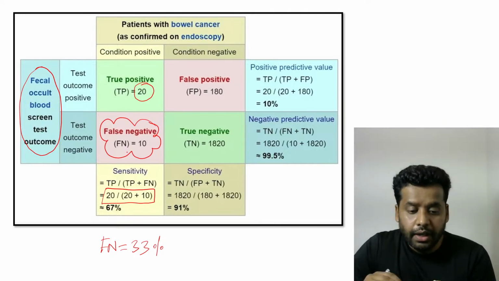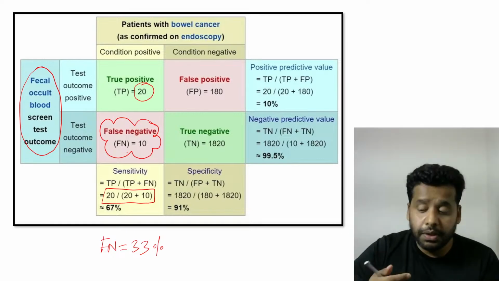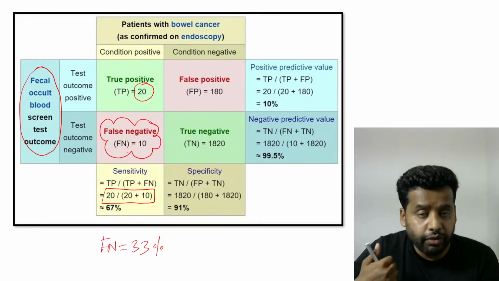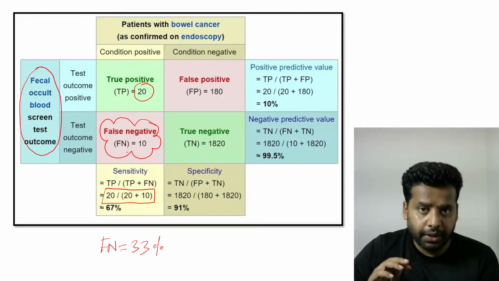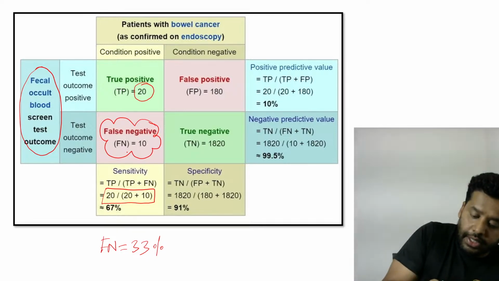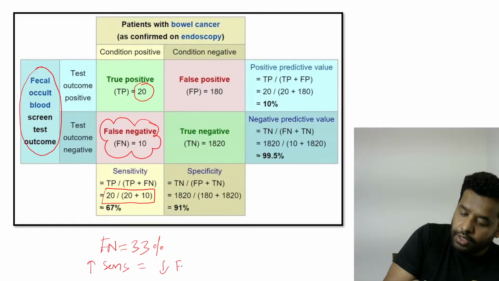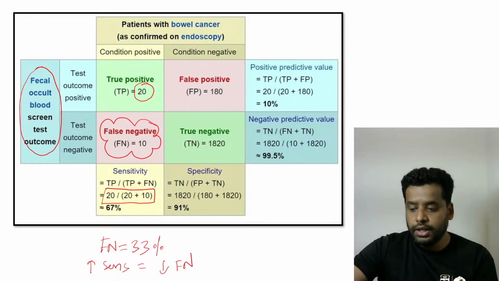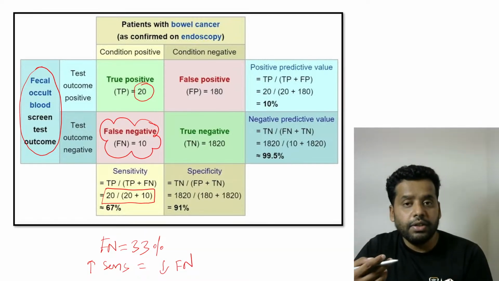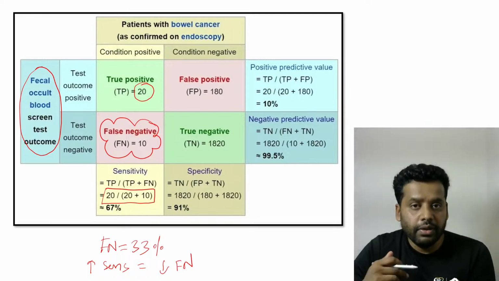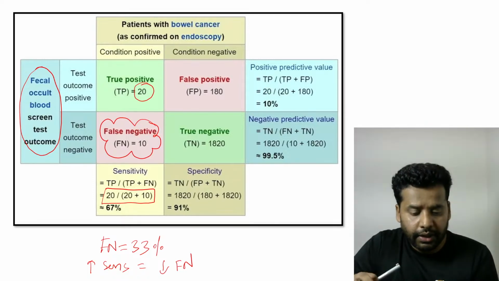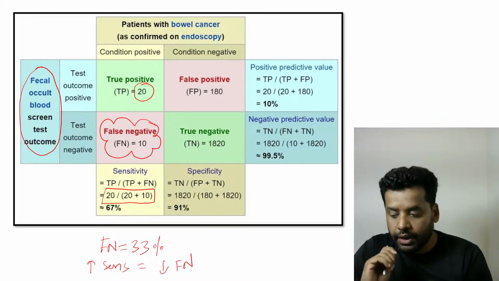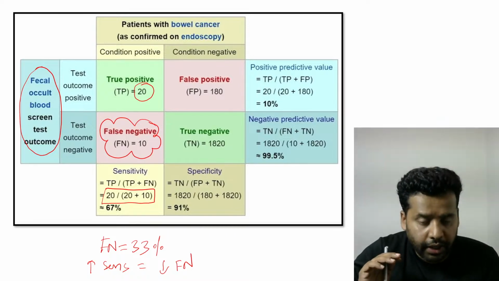If there is one more test with sensitivity of 90%, false negative results will become 10%. So if sensitivity is increasing, false negatives of a test will decrease. A high sensitive test has less false negative results. So keep this in mind.